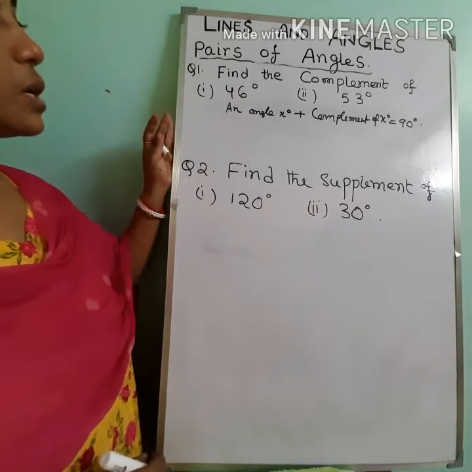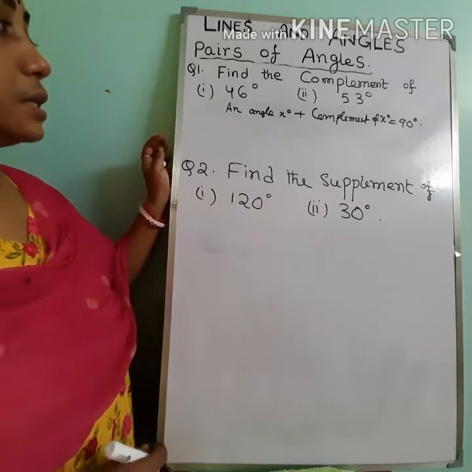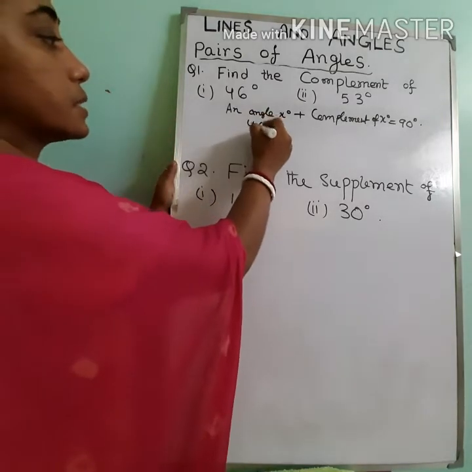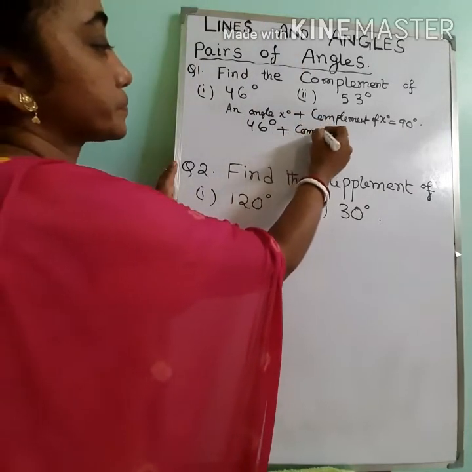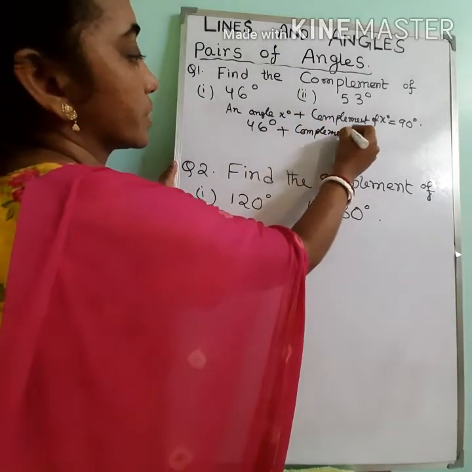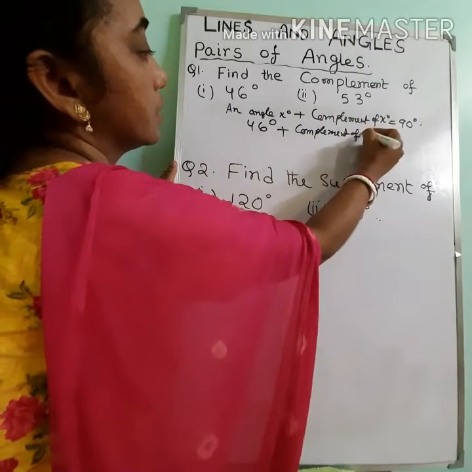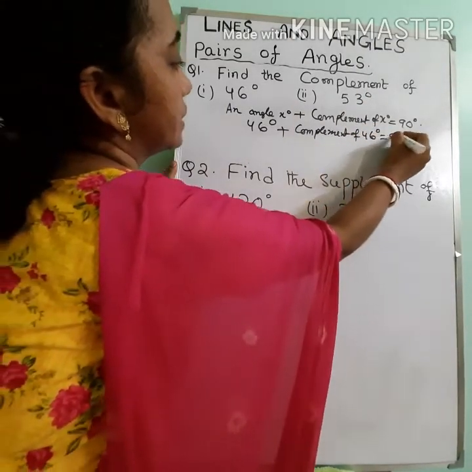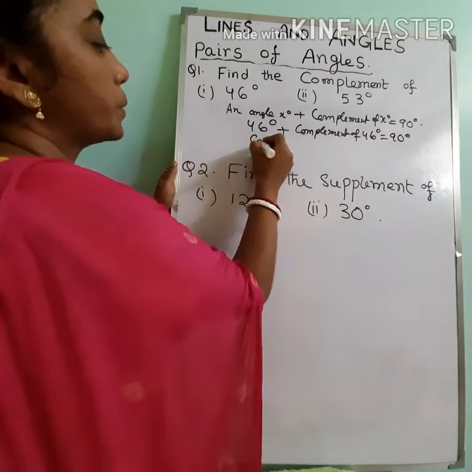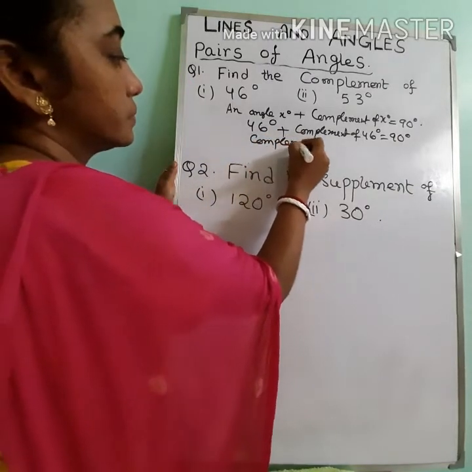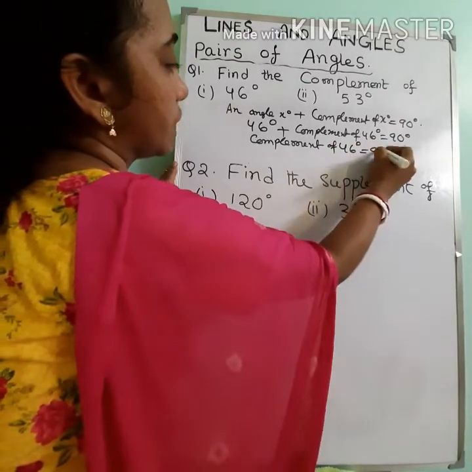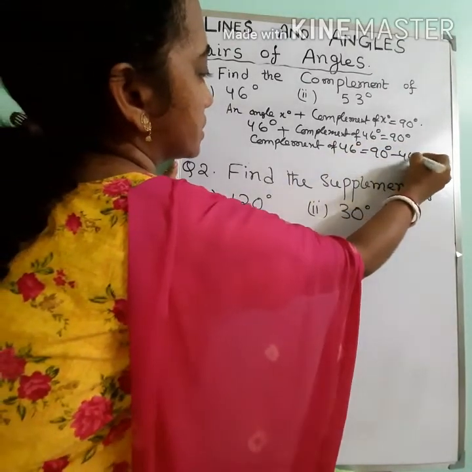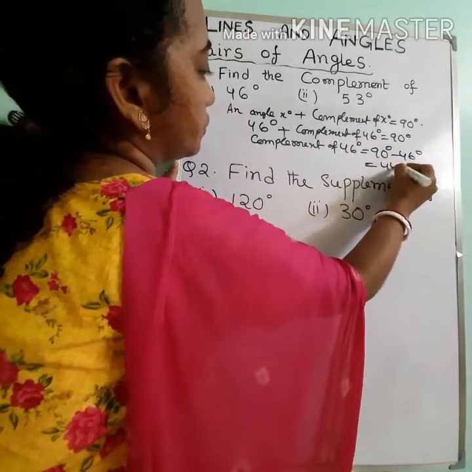Here we have to find out the complement of 46 degree. So we will write 46 degree plus complement of 46 degree is equal to 90 degree. So therefore complement of 46 degree is equal to 90 degree minus 46 degree is equal to 44 degree.